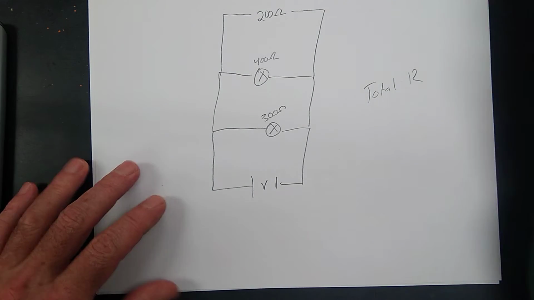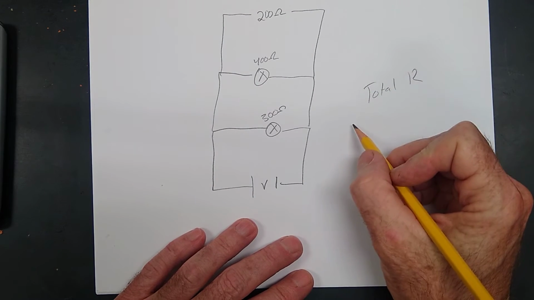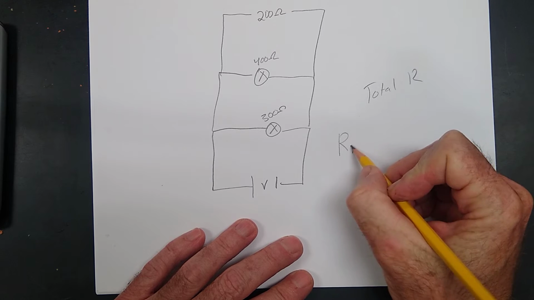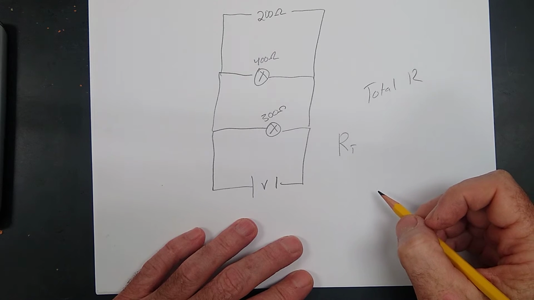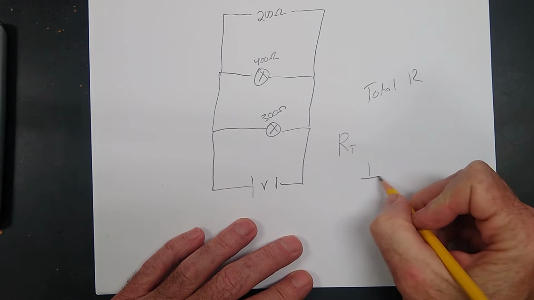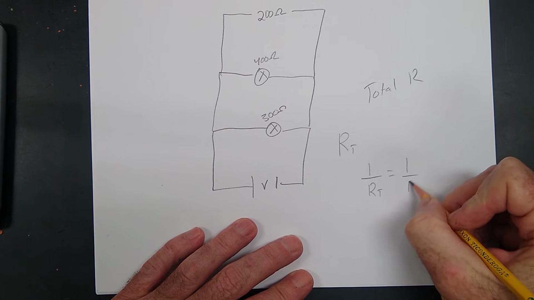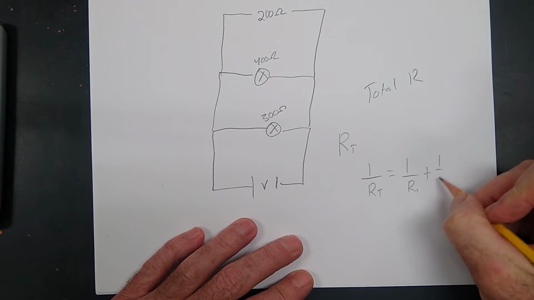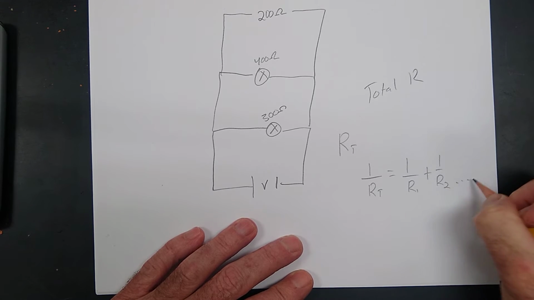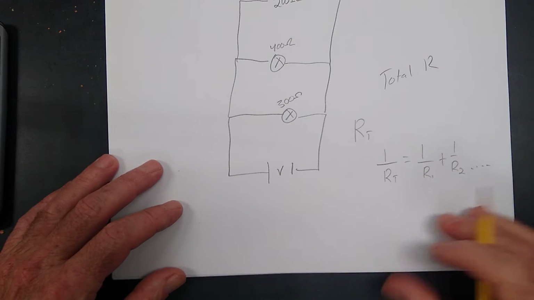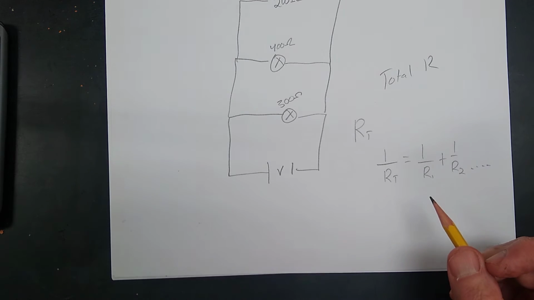Well, there's a formula. The resistance total works like this. 1 over RT equals 1 over R1 plus 1 over R2, etc. Okay? How would we solve this problem?